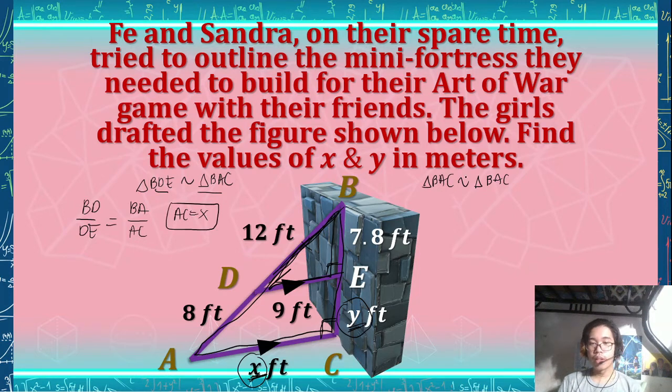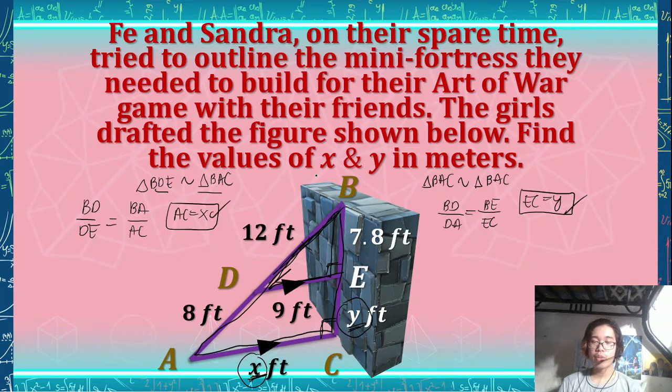And for the other triangle, which is congruent to itself, we can also say that BD over DA is equal to BE over EC, where EC is going to be the y variable.